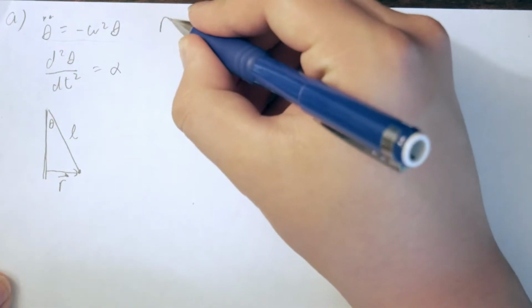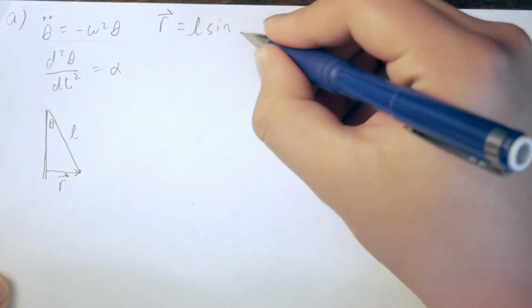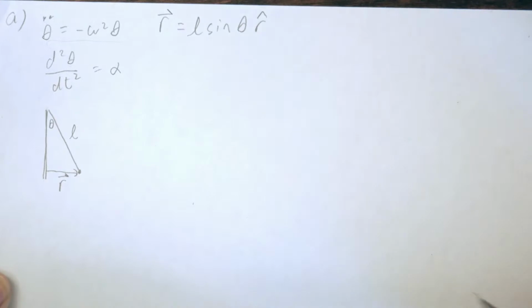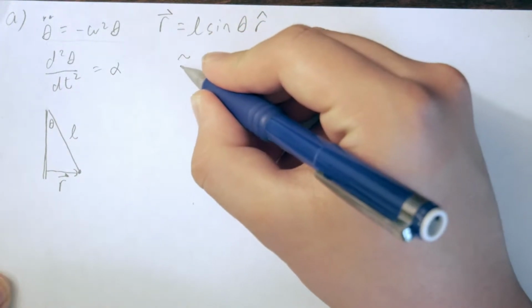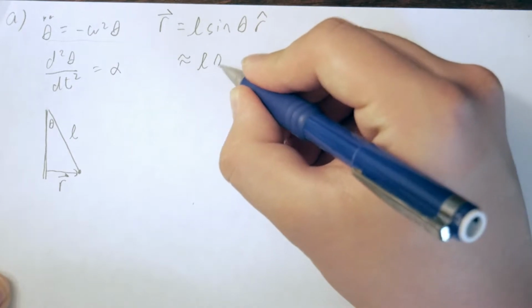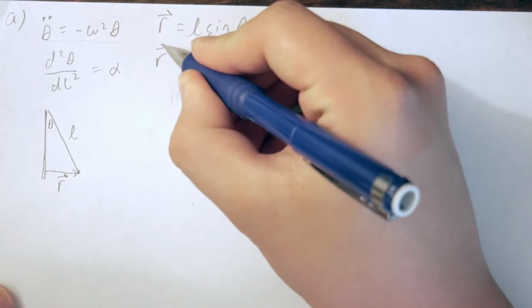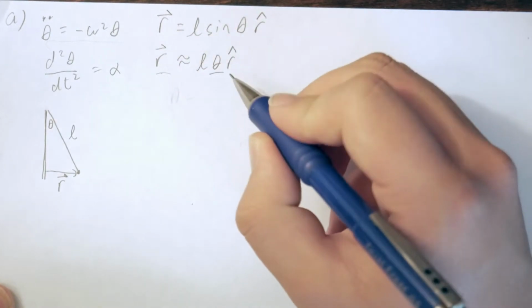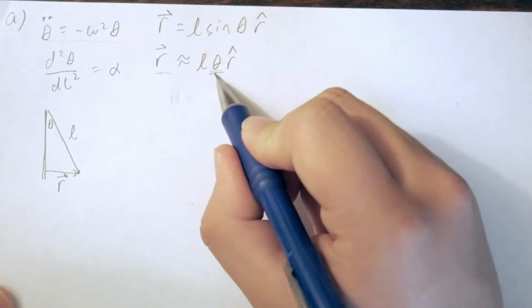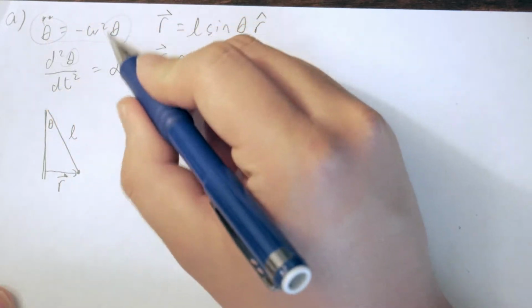We see that r is equal to L sine theta times the unit vector. But since theta is always small, we can approximate this as just L theta. Now, since r, the vector, is directly proportional to theta, we can replace theta with r in this equation.